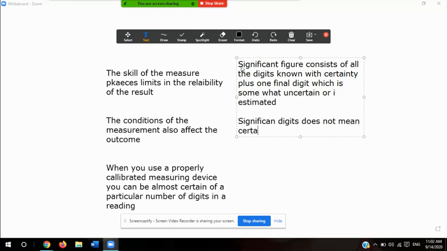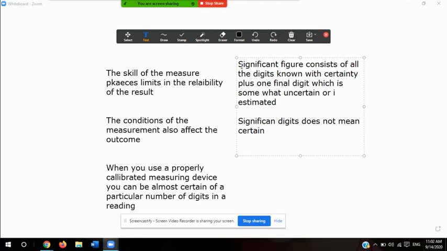So just because they're significant doesn't mean that they're certain, because sometimes a significant figure is estimated because it's between two digits, but you can't really tell which one it is. So you estimate it. A couple of the first digits are pretty much known, but there's always that one digit that's not really certain.